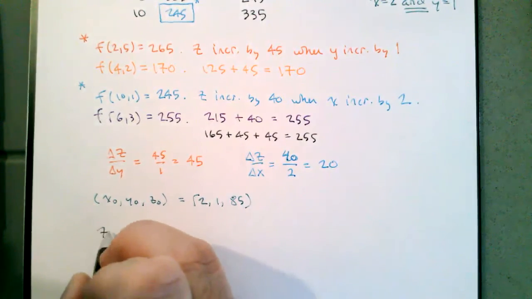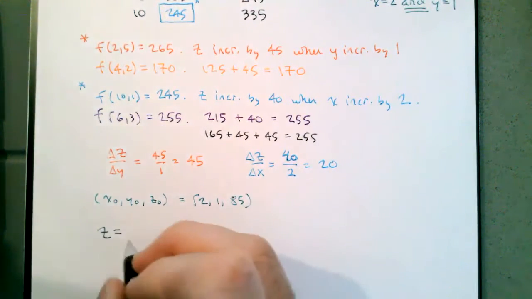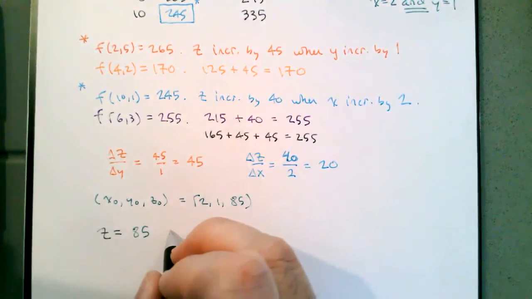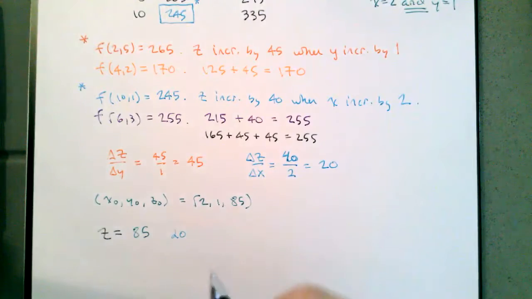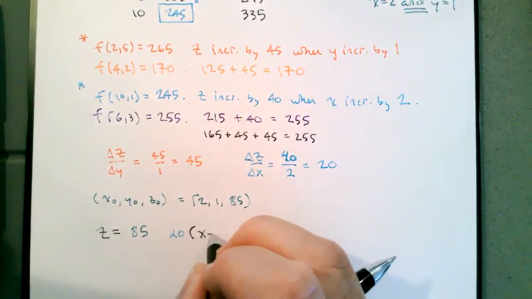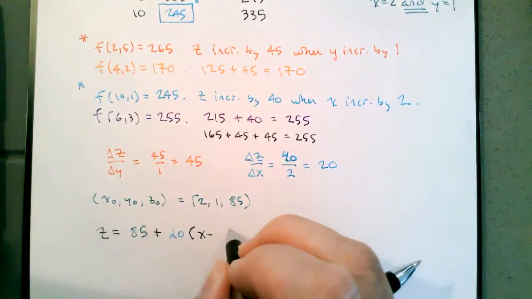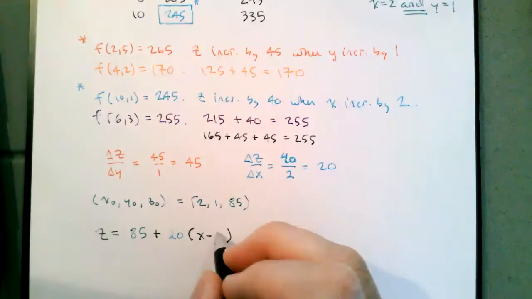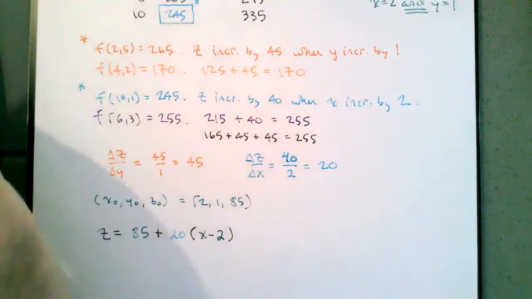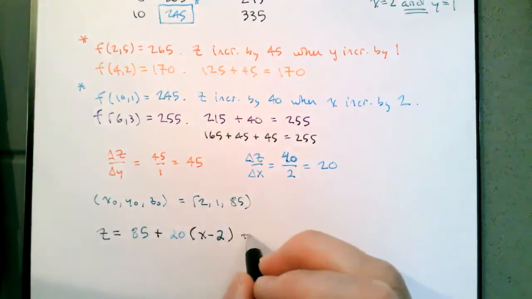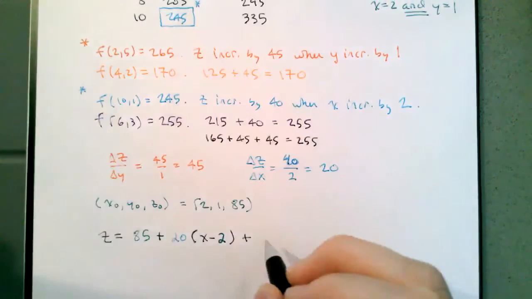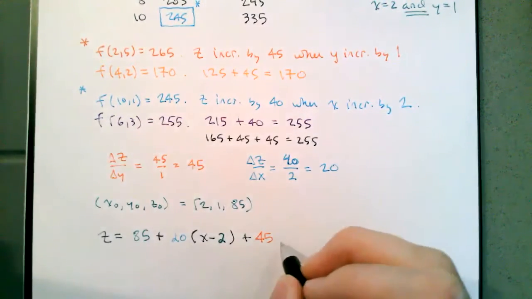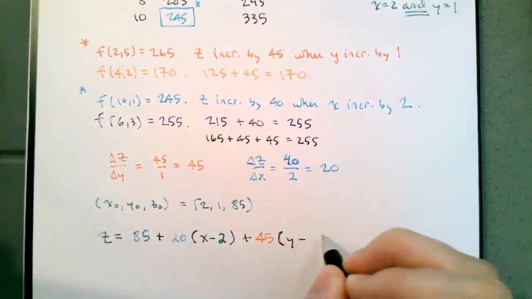So I'll say z starts off at 85 and increases by 20 in the x direction. So that'll be 20 times x minus 2. And increases by 45 in the y direction. So plus 45 times y minus 1.